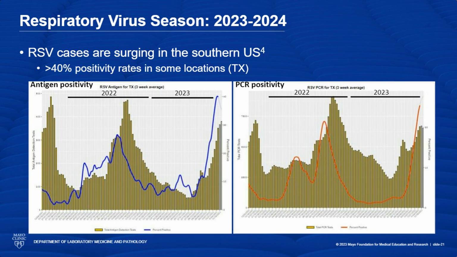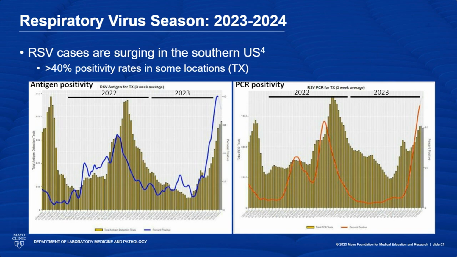You can see the graph on the left-hand slide shows antigen positivity, again, exceeding 40%, and PCR positivity on the right-hand side of the slide with positivity rates well above 20%.